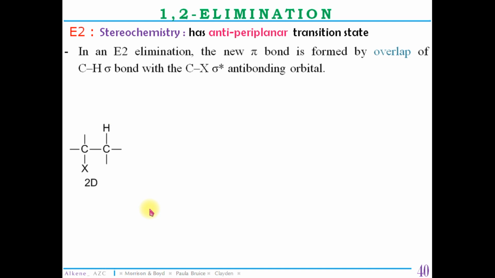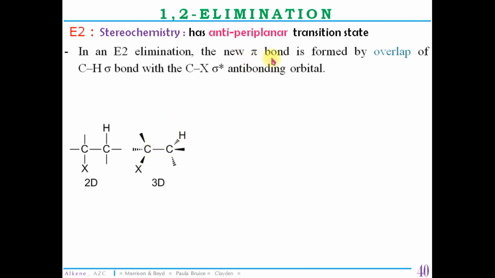Normally, we represent molecules in 2D. A 3D molecule is represented with dashed and wedged bonds. A dashed bond indicates the bond is below the plane and a wedged bond means the bond is above the plane.